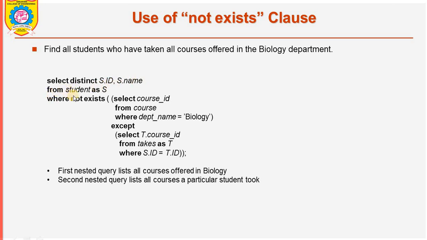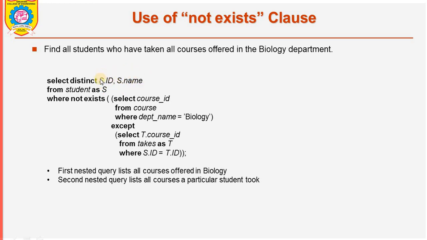First of all, the outer query will be executed from the student table renamed as S. So the student table has the name S, and we are taking S.ID and S.name.